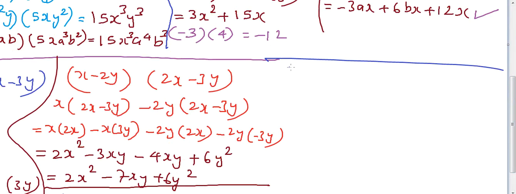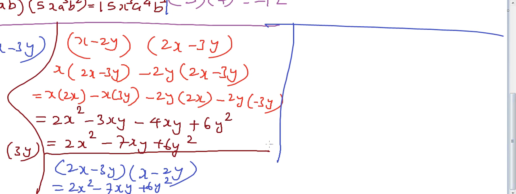Let's see some more multiplication. You need to extend this. It doesn't matter how many terms, you can multiply a trinomial with another trinomial or binomial or any polynomial with more than 3 terms, but the procedure is the same.